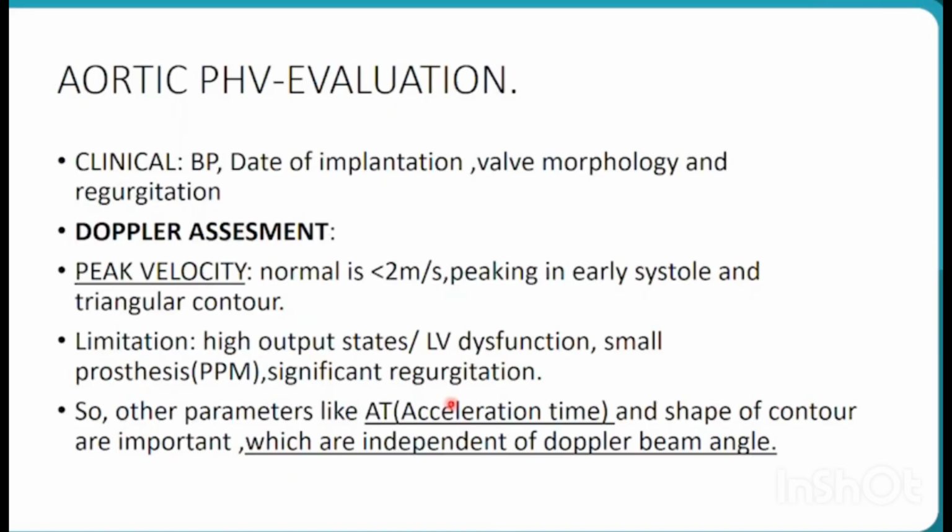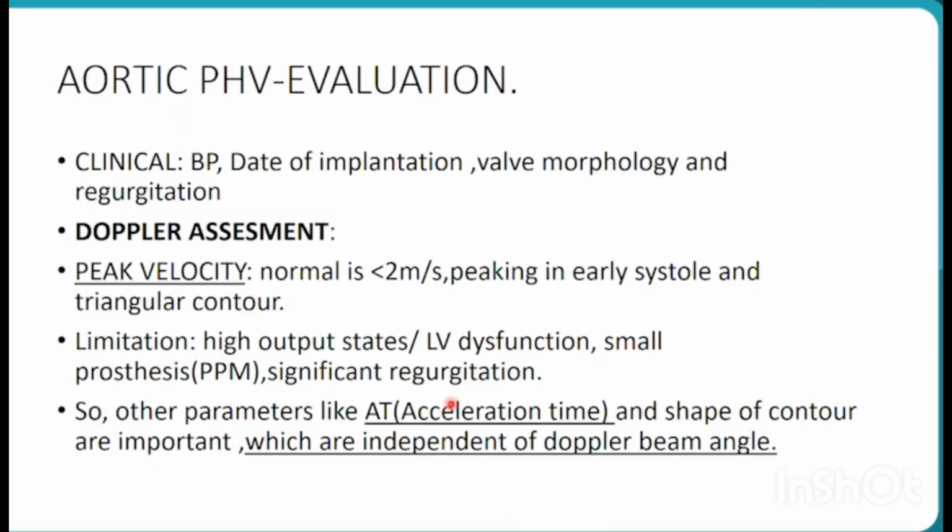So you can have gradients, but the patient may not have anatomical obstruction, or the patient has got significant regurgitation. So all these 3 are the limitations in evaluating an aortic prosthetic heart valve with Doppler with peak velocity and the mean gradient, that is LV dysfunction, high output states, patient prosthesis mismatch, significant regurgitation.